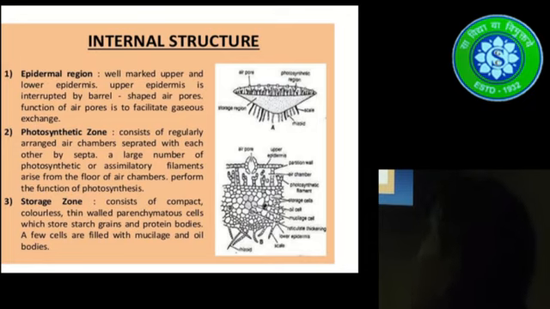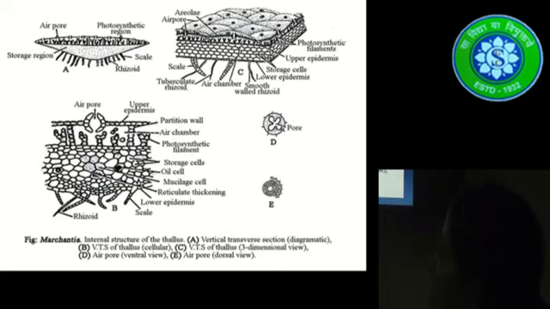This storage zone sometimes contains oil cells, mucilaginous cells and some reticulate thickening. Below the storage zone, there are some unicellular and multicellular rhizoids and scales. These are the three-dimensional figures of the thallus of Marchantia, and these are the pore size and pore apertures in dorsal and ventral view.